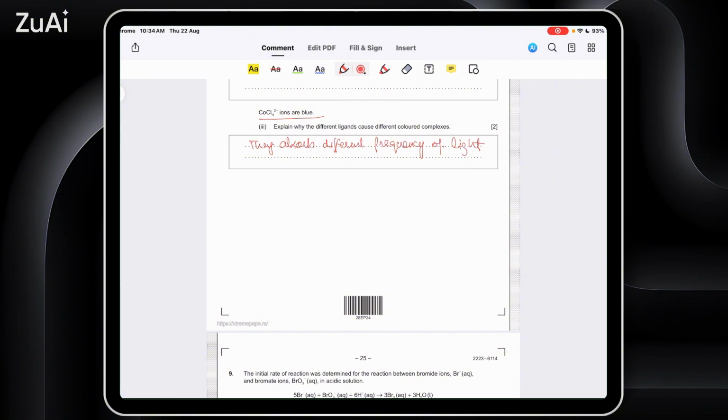And d orbital splits into different energy. So that's why they show different colors.